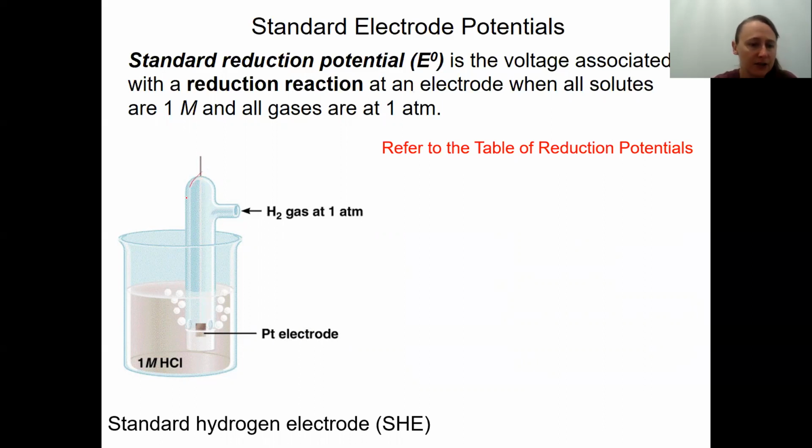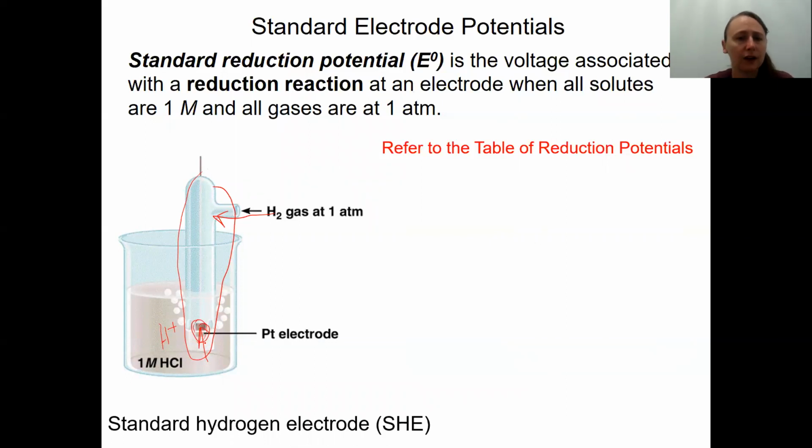So we have this special glass tube where we can pump in hydrogen gas. We're using platinum metal because it's very inert, not very reactive. And we can bubble in the gas and have it in an HCl solution, which is a provider of H+. And we can have the reaction at the surface of that platinum electrode.